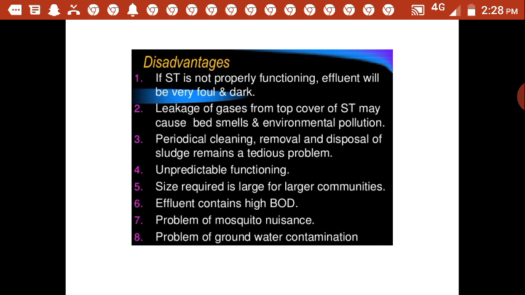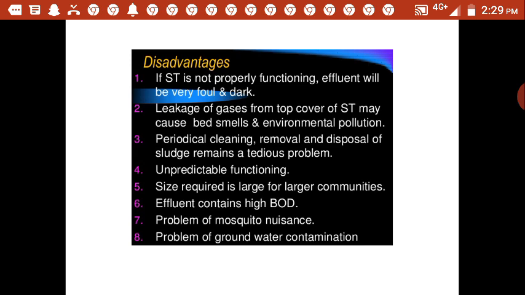But in this case, the effluent BOD is around 100, which is more than the Central Pollution Control Board limit. So this is inefficient for BOD reduction.